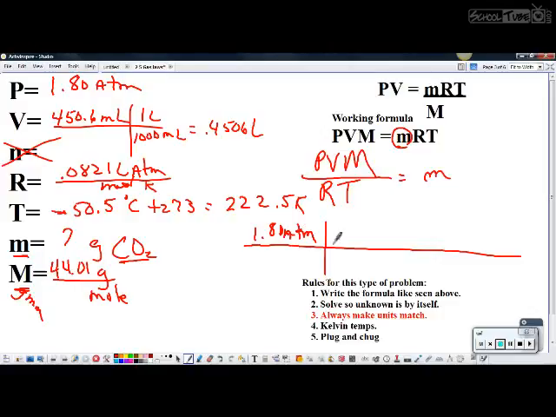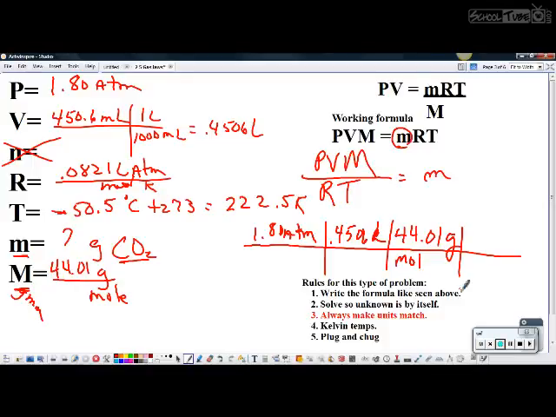My V is 0.4506 liters, and my capital M is 44.01 grams, and where do I write the mole? On the bottom, because it's per mole. And if I need the big M on the bottom later, I would flip that. Same way I do the R.